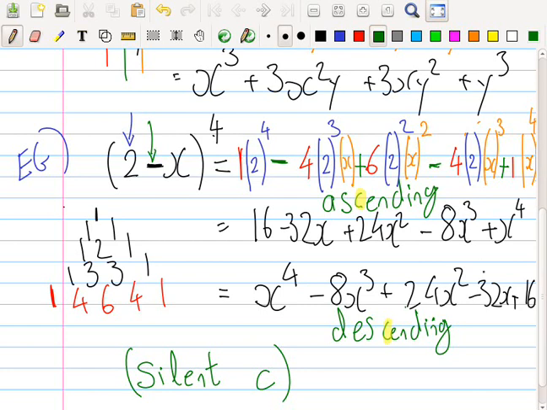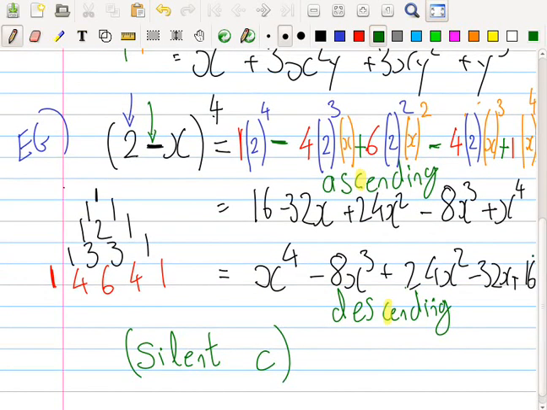Now, I'll do one more example, a little bit more complicated though. So you need to write this down. Did you write it down?